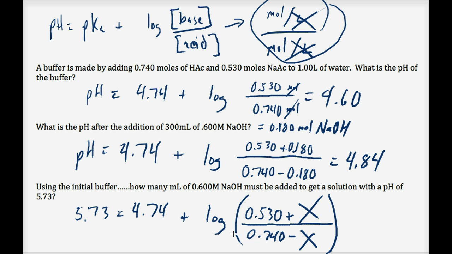Now we can actually just solve this for X, and you have a couple of options here. You can just use algebra, or take the inverse log to get rid of the log. Or you could solve this in your calculator exactly like we've solved other problems. This one's going to take a few seconds, so I'm going to hit pause to spare you the boredom.